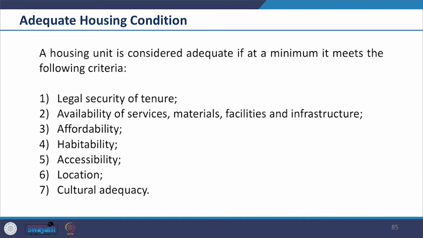So then also it would not be considered adequate. Lastly, we see cultural adequacy, as housing is not adequate if it does not respect and take into account the expression of cultural identity and ways of life. So these were how we judge whether the housing is adequate or not.